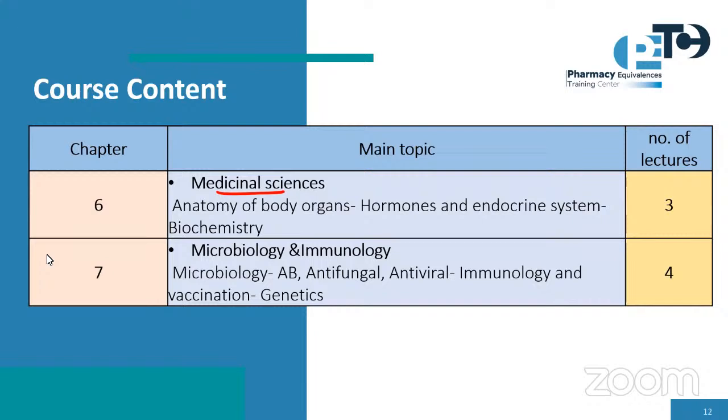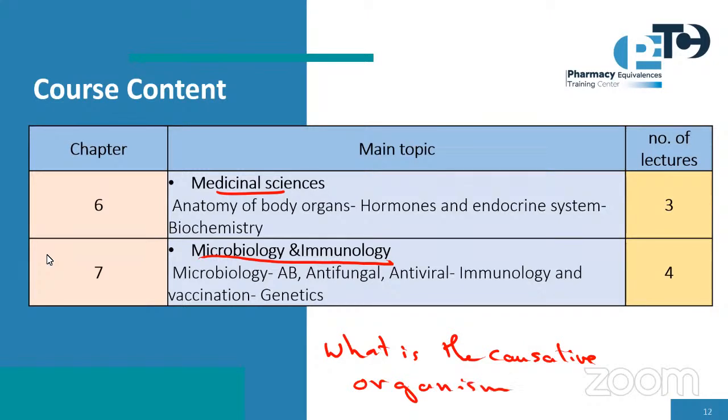The next chapter is one of the very important chapters, especially in the last 3 exams. They asked about many topics related to this part. In microbiology, we will learn the bacteria, types of bacteria, the infectious diseases, and the causative organisms. And we will learn how to answer the question, what is the causative organism for the following disease?